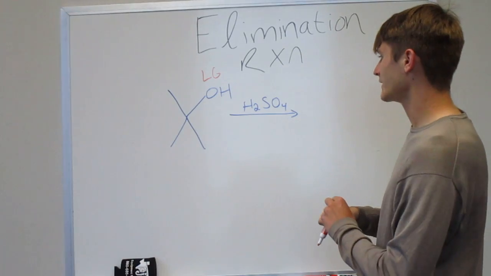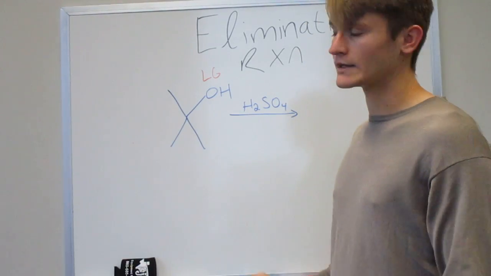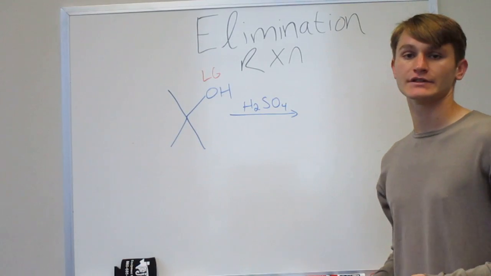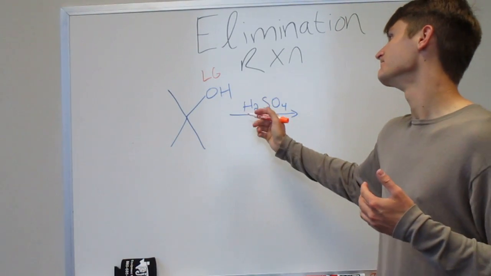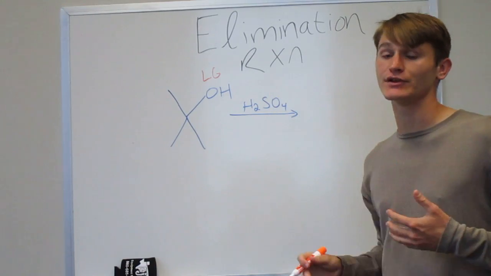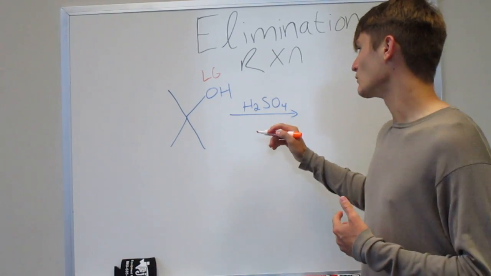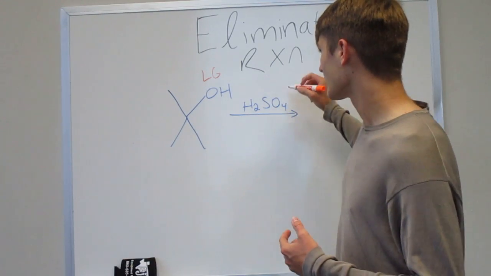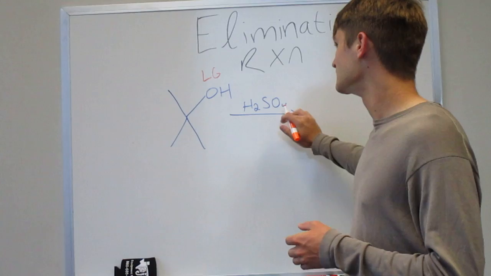Here's our base. Is this base strong or weak? As we remember from previous videos, this is a weak base, so it'll be an E1. It is a weak base because it's a stronger acid.